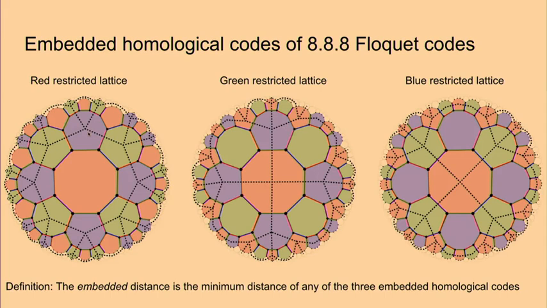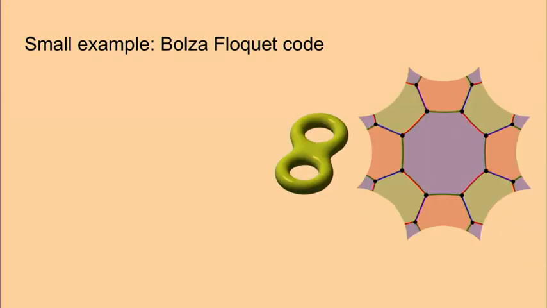Note that this distance is lower than the code capacity distance of the Floquet code, since we're talking about the distance of the embedded homological code, which is associated with pairs of qubits. But this embedded distance is almost exactly the same as a useful circuit-level distance metric, and is easier to compute.